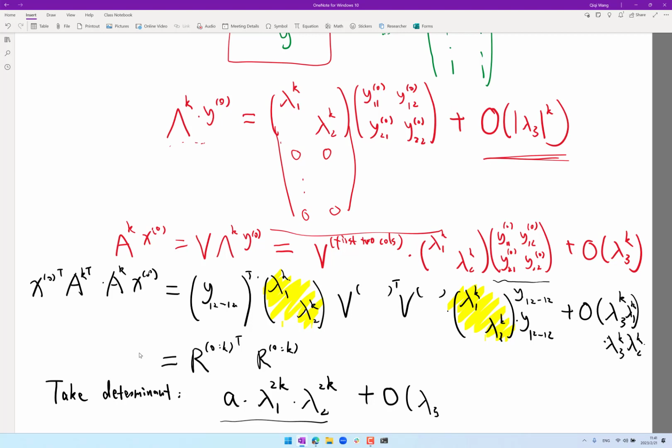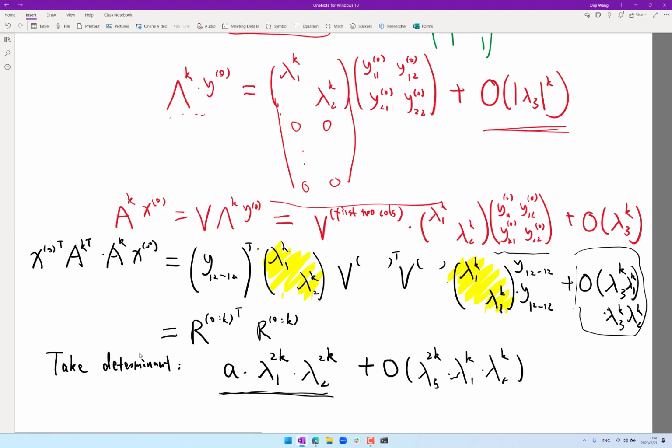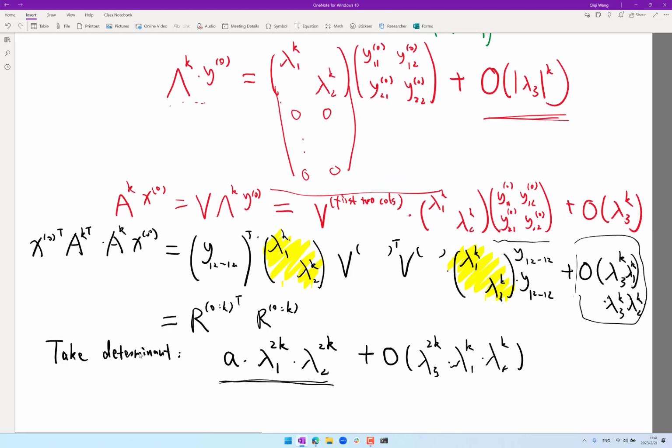So basically, we need to do a more careful analysis of the different rows and columns of this matrix to make sure that this doesn't contaminate the determinant. I think it turns out to be lambda 3 to the 2kth power times lambda 1 to the kth power times lambda 2 to the kth power if you are computing the determinant. Okay, and so that's what happens on the left-hand side.